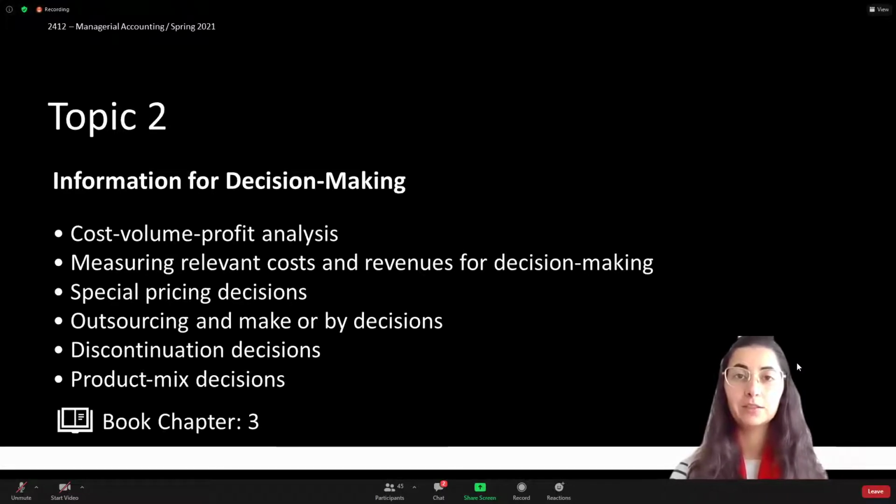How should we price the product for this client? In terms of outsourcing, should we make in-house? Should we outsource the services or the products that we provide? In terms of discontinuation, in terms of product mix, etc. This is what we want to be talking about here on topic 2.